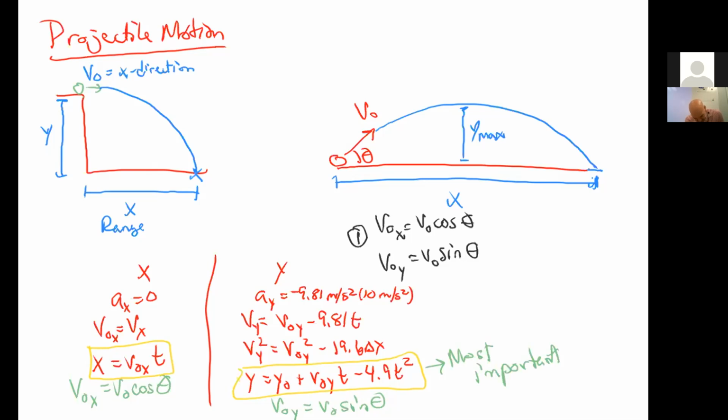Remember, up here we call it the y max physics-wise, but it's the vertex of the parabola. And over here on the cliff problem, we are starting at the max height, so this actually ends up being our max height already.